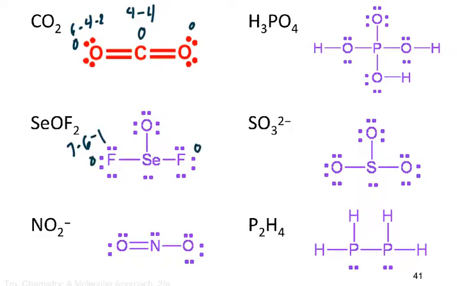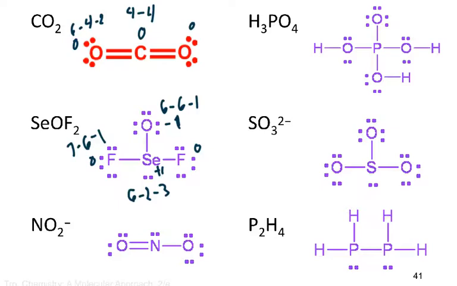Same for this one. My oxygen here, 6 minus 1 is going to get me a -1. My selenium also came with 6 minus 2 in the lone pair minus 3 from the bonds gets me a formal charge of +1, which makes sense, so my overall charge is 0.